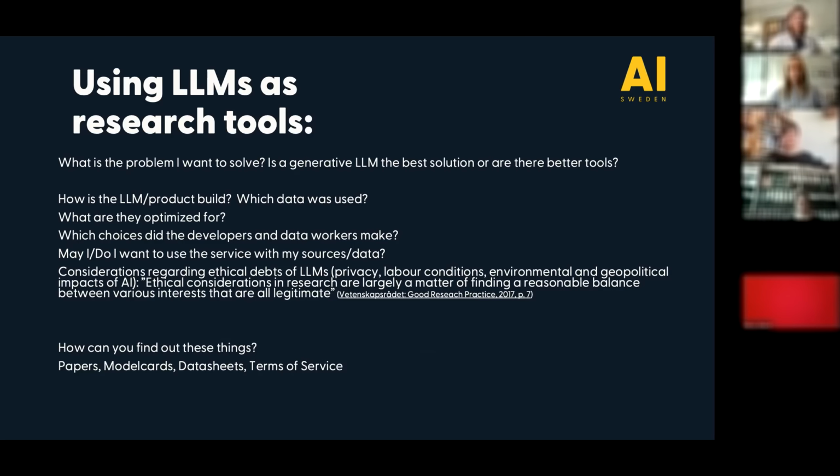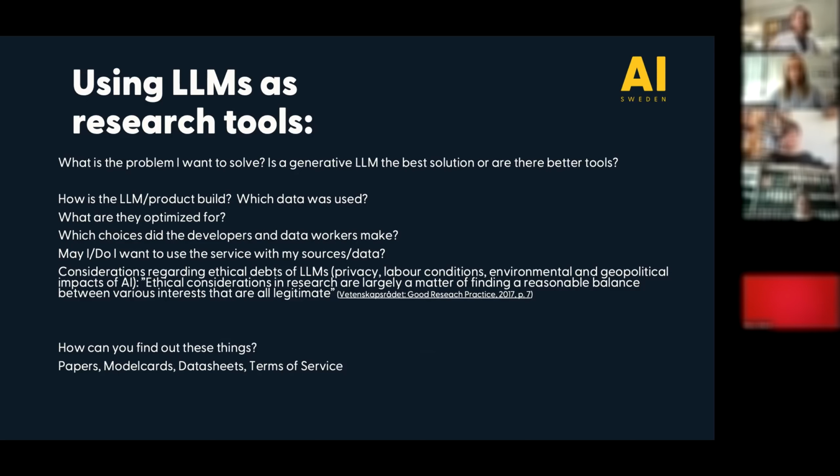If you want to find out these things, there are some things you can look for. Research papers are usually most informative when coming from so-called open source initiatives or community efforts that develop these models. They usually document much more what they have done, how they have trained.